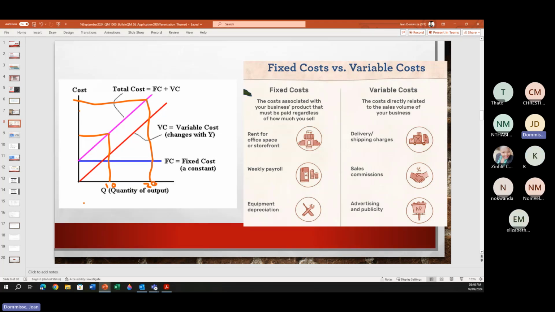So that is how we can look at fixed cost and variable cost, and then your total cost is just the two added to one another. Your total cost will always be your fixed cost plus your variable cost. You might have done that in economics as well.